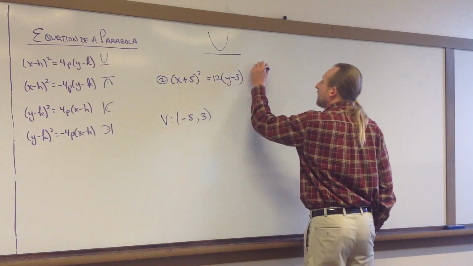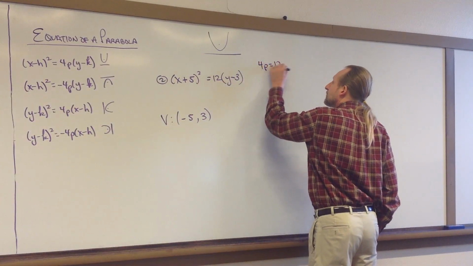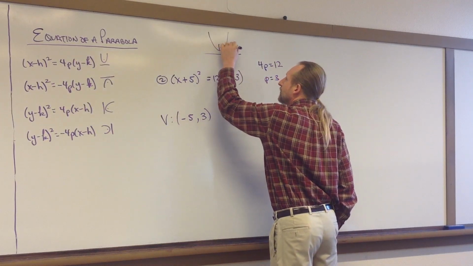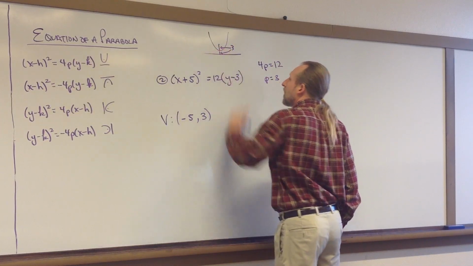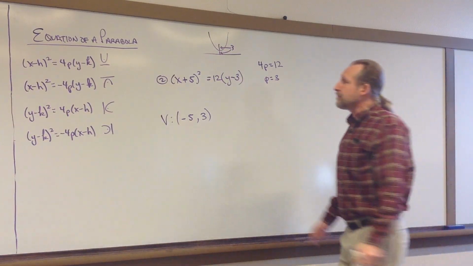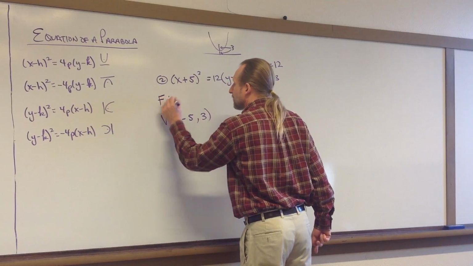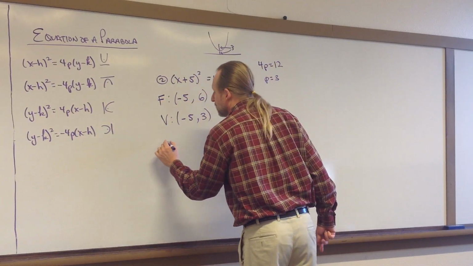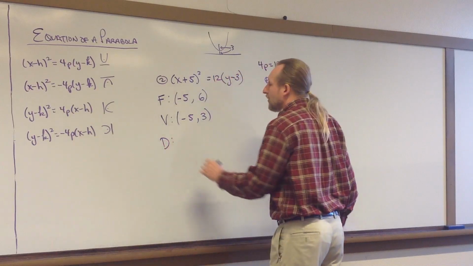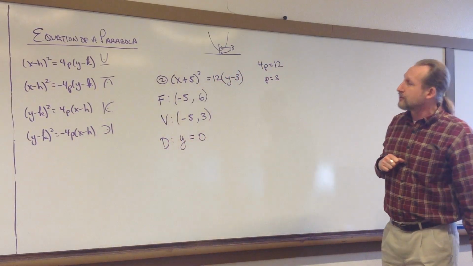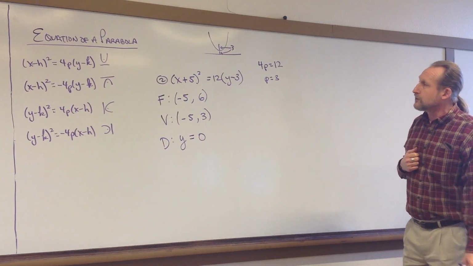Now, this 12 says that 4p is 12, so p must be 3. So the focus is 3 places above the vertex at (-5, 6), and the directrix is the horizontal line 3 places below the vertex, or the line y = 0.